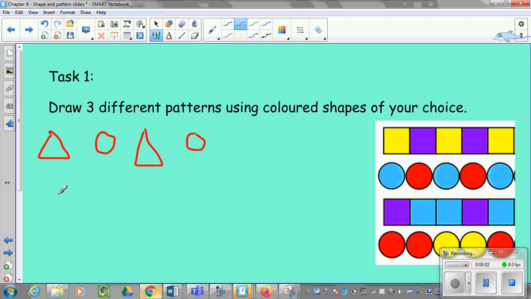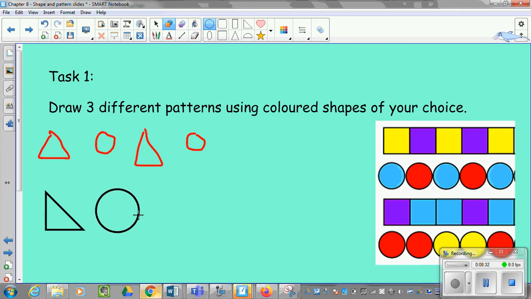The second time, I want you to challenge yourself a little bit more. See if you can complicate your pattern by maybe changing up the colours more often or changing to have more shapes in your original pattern before it repeats. Then, with this task, I want you to try drawing round something so you end up with a perfect shape, or you can use a ruler if you would like to, okay?